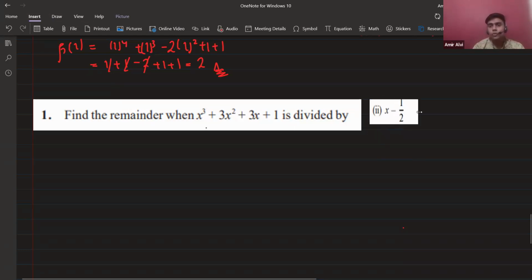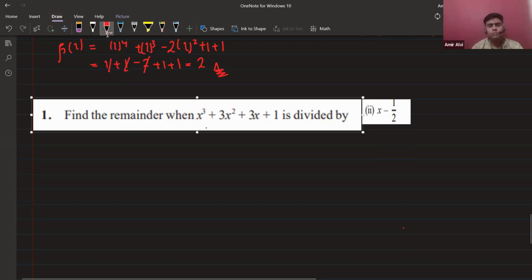You have to divide this polynomial by x minus 1 by 2. Just do it. It's simple. I'm giving you 3 minutes.